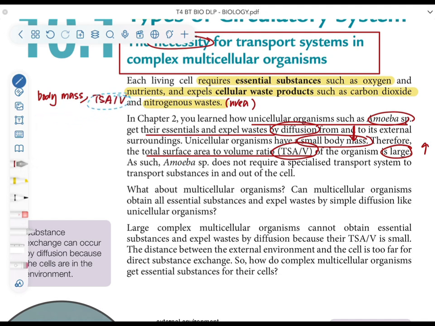If the body mass is very high, the TSA per V ratio will be very low. They are inversely proportional.